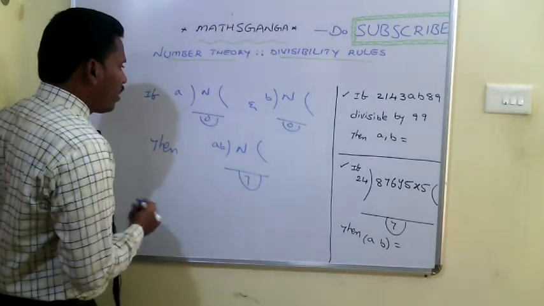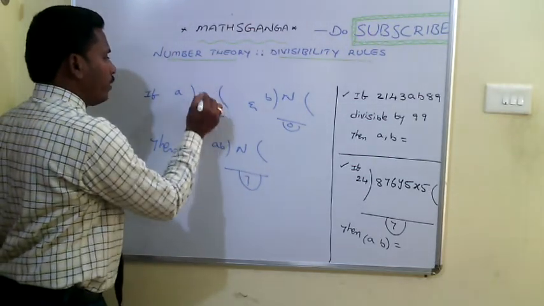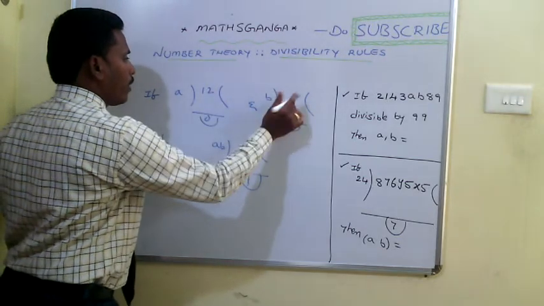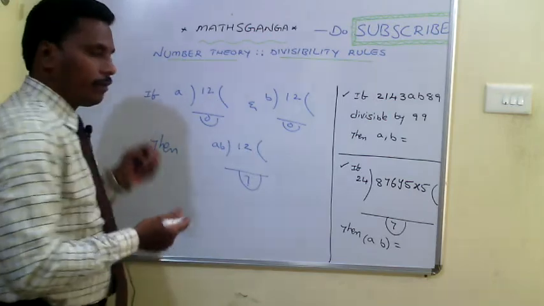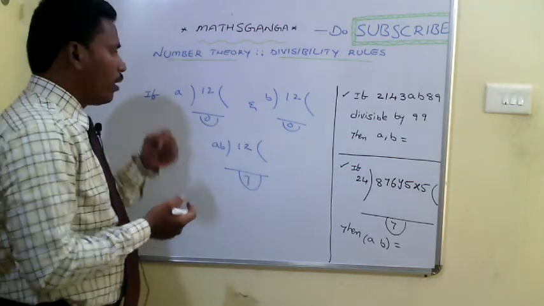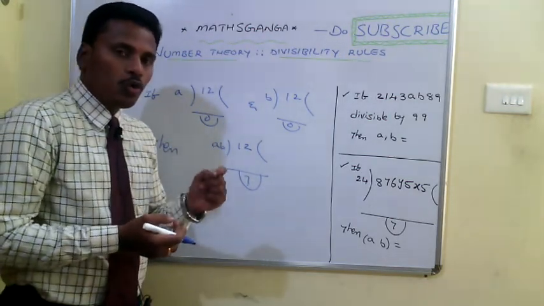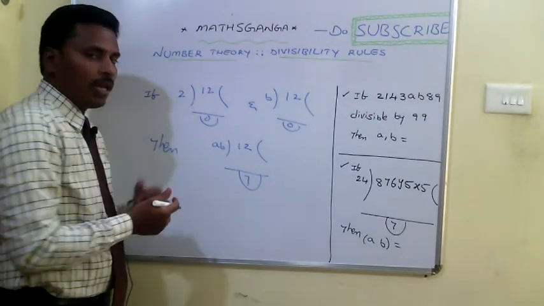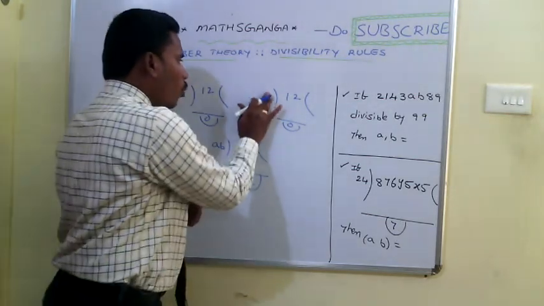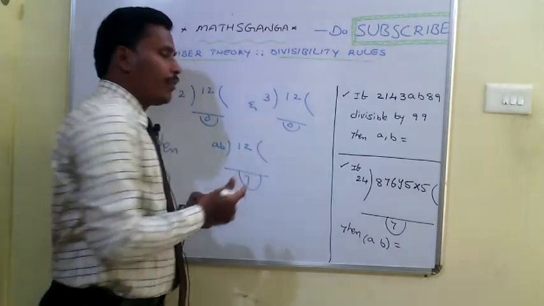I am taking 12 instead of n, and then I need to take two numbers. First take 2 and 3. We know that when 12 is divided by 2, it leaves remainder 0. When 12 is divided by 3, it leaves remainder 0.